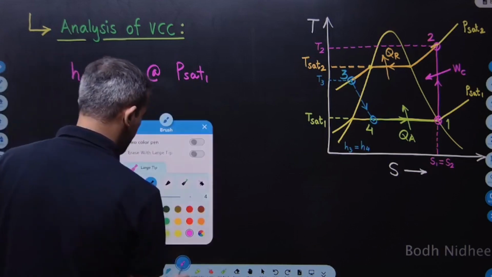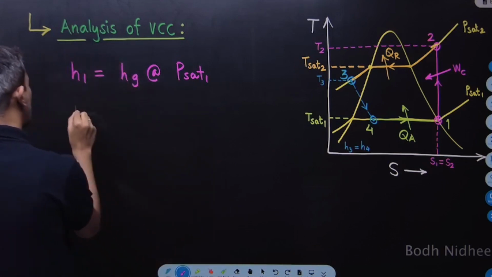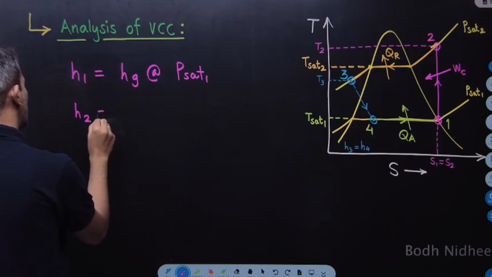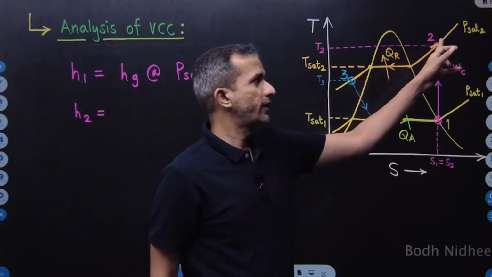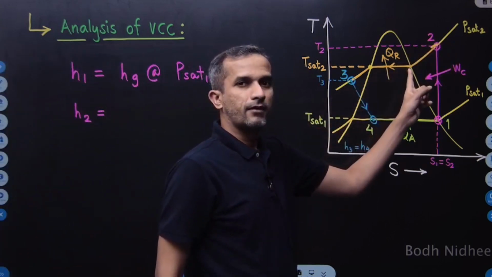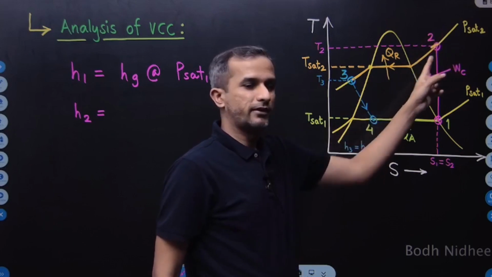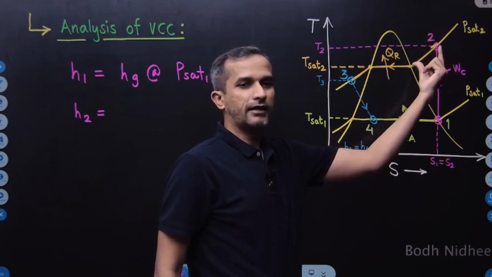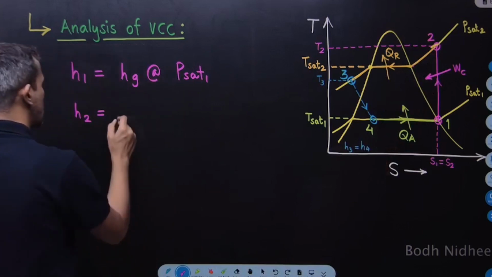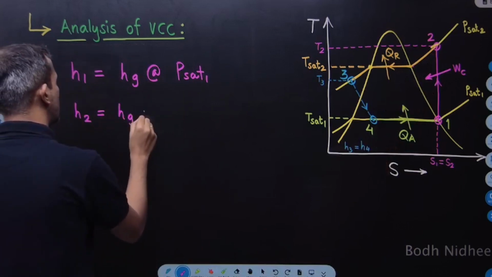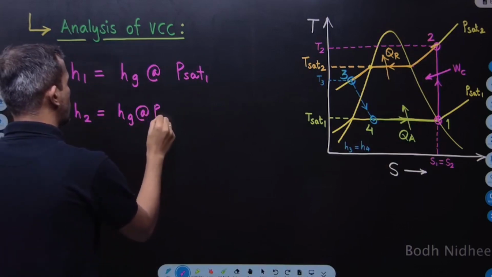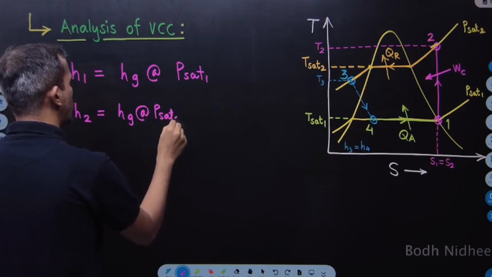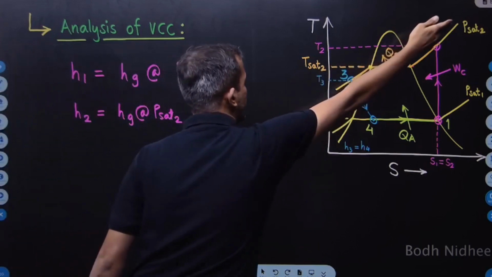Now second is H2. H2 is in the superheated zone, so it is above the saturated vapor point. So this is Hg plus Cp delta T. I have explained this in the previous session also in detail. Hg at Psat1, sorry, Psat2, because point number 2 is on the higher pressure line.